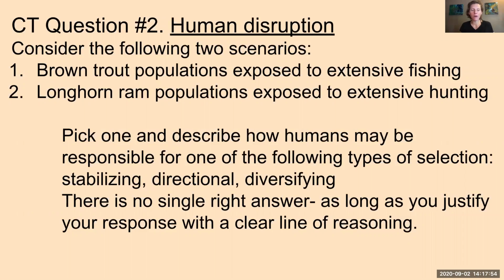You can think about any phenotype you're interested in. One that's commonly studied is size, so the size of the fish. How is fishing going to change the average maximum size of the trout? Is it going to select for small fish or medium fish or large fish, this extensive fishing?